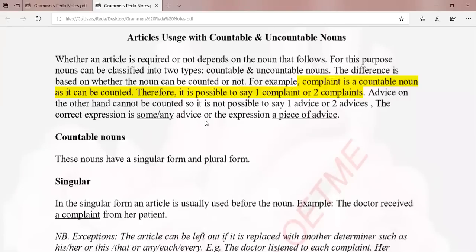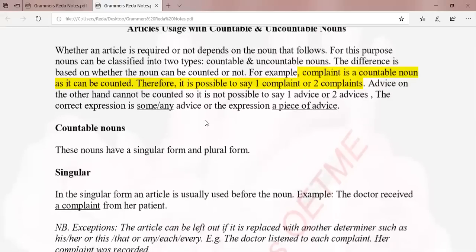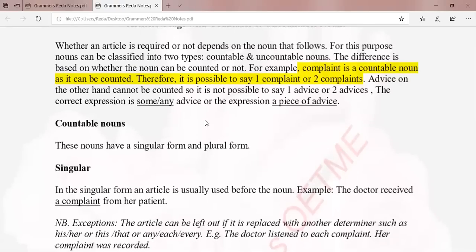But advice, on the other hand, cannot be counted. So you cannot say 2 advices. Say 2 pieces of advice, uncountable. These nouns have a singular form and a plural form. This is for countable.